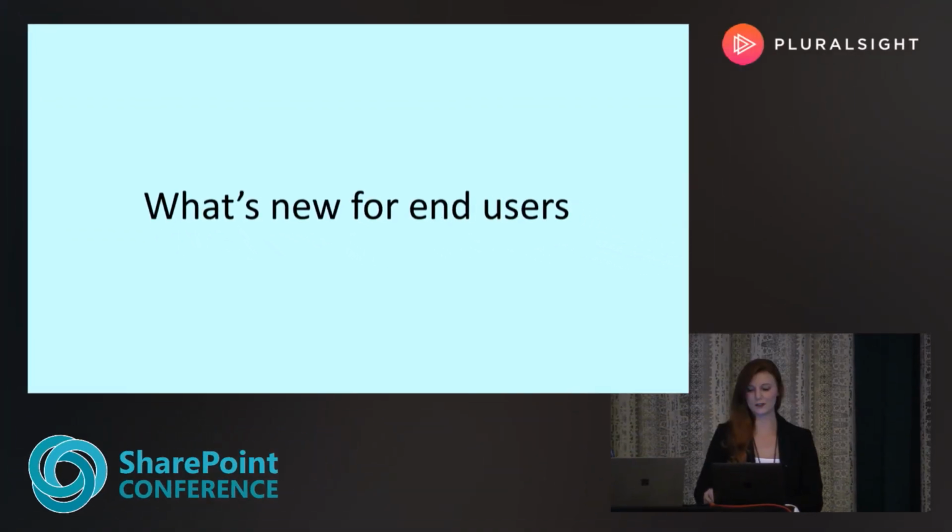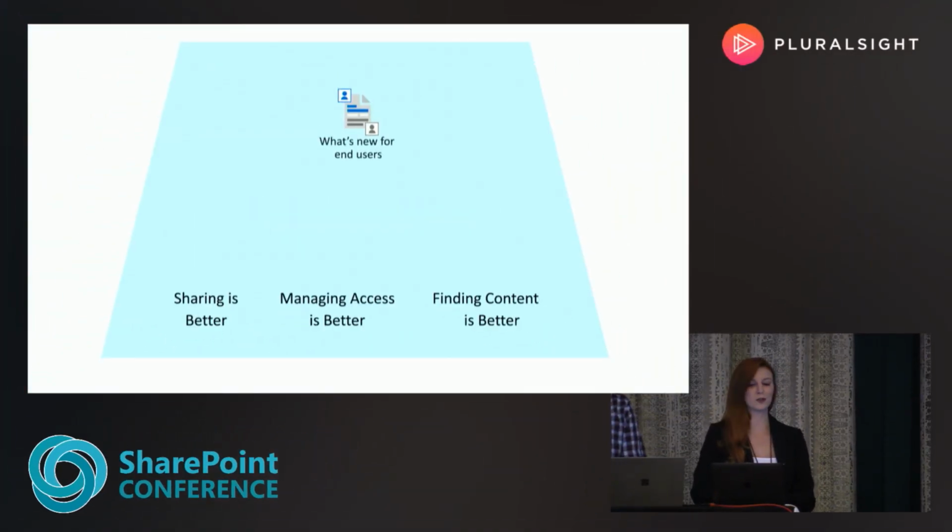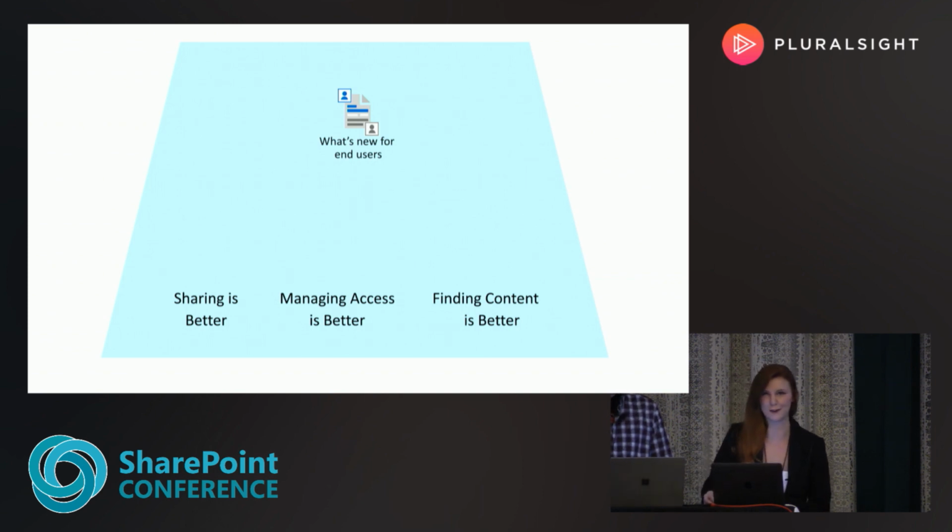In summary, that is all that we have for what's new for end users and how we've been improving sharing, managing access, and finding relevant content. Thank you for following along, and with that, I will hand it over to Steven.